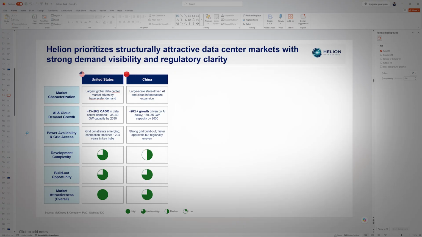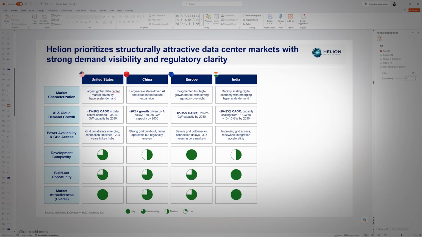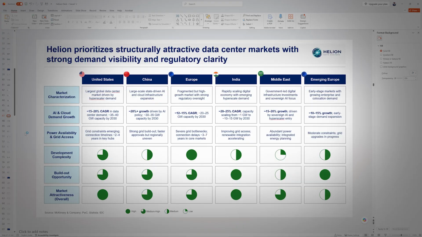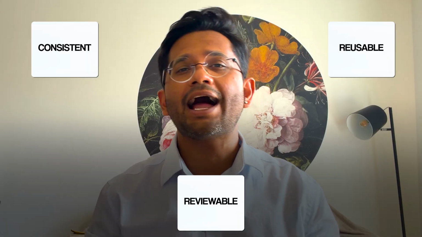The objective is to turn one-off slide building into a repeatable transaction documentation system while keeping every deal's facts, narrative, and output separate. This process does not remove professional judgment, and it does not promise a finished editable deck in one click. It gives your judgment a stronger starting point and makes the work more consistent, reviewable, and reusable.